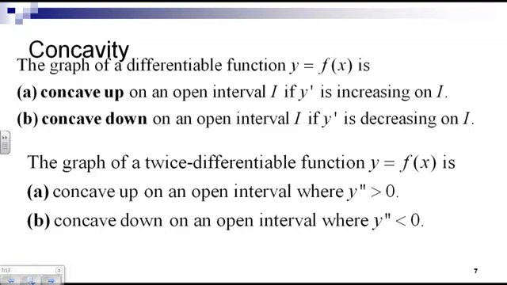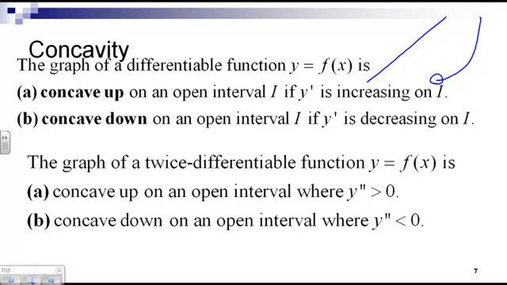Okay, let me show you the difference. Think of this function. That function is increasing, but its y prime is constant. Now let's think of something that looks concave up. Y prime there is about 0, right?